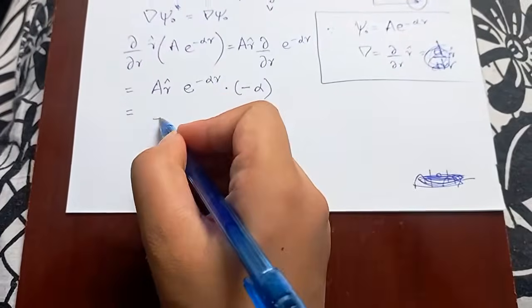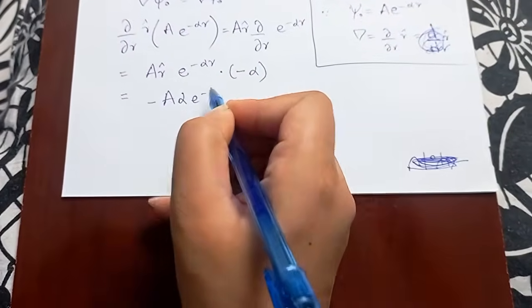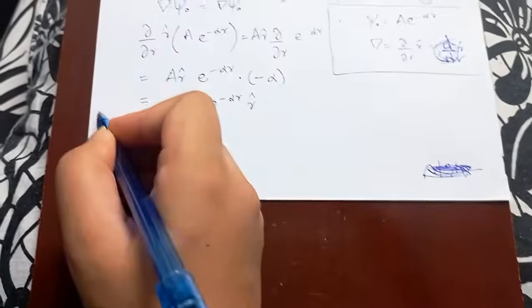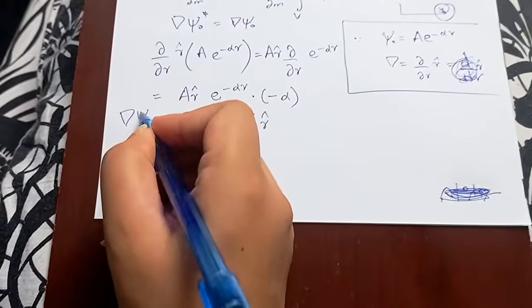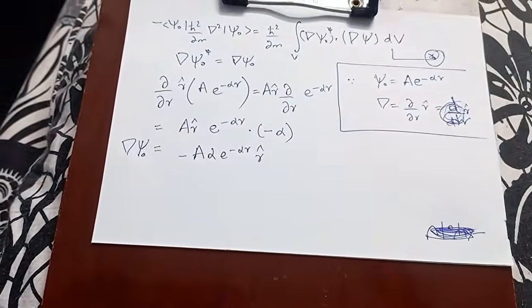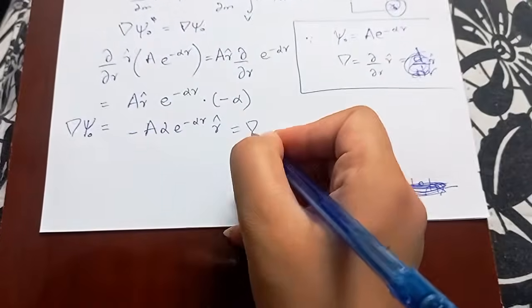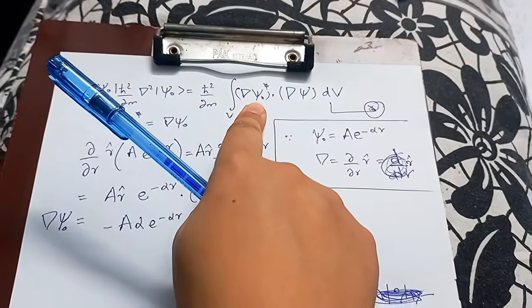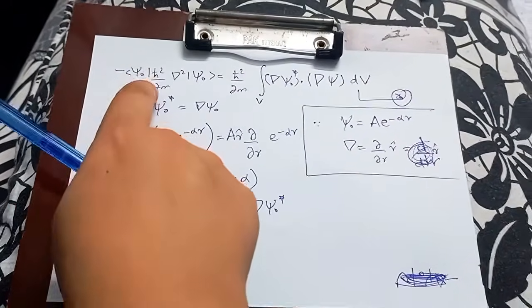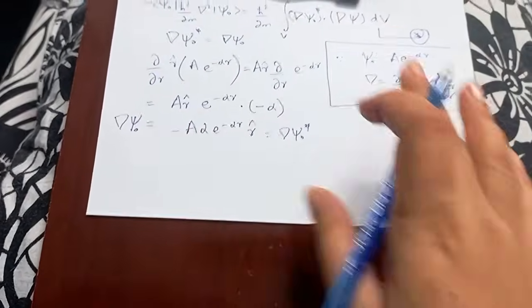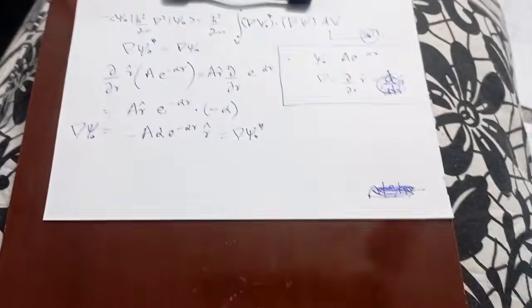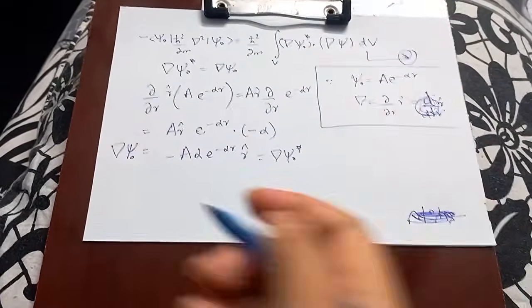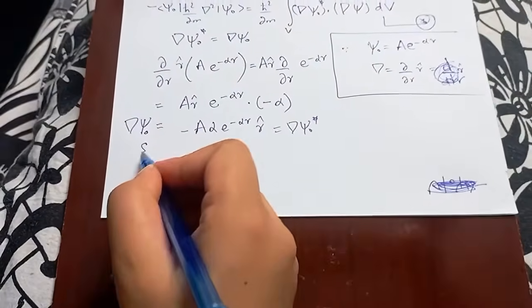It gives minus A alpha e to the power minus alpha r, r unit vector. This is the value of del psi naught, and also of del psi naught star. So we'll simply put that value into this expression. Only simple simplification will result in the final form.